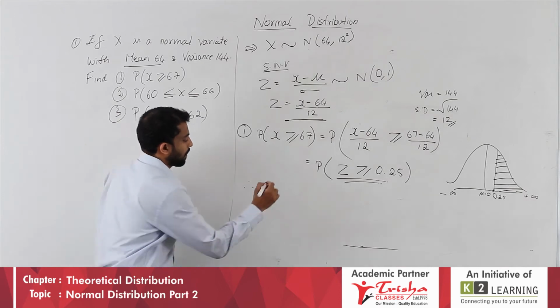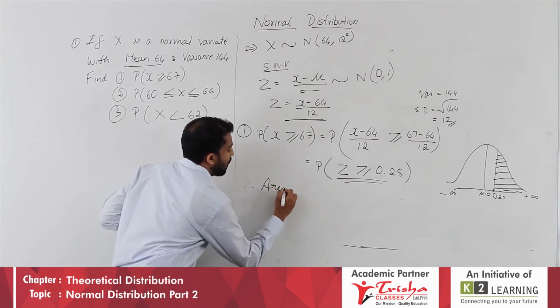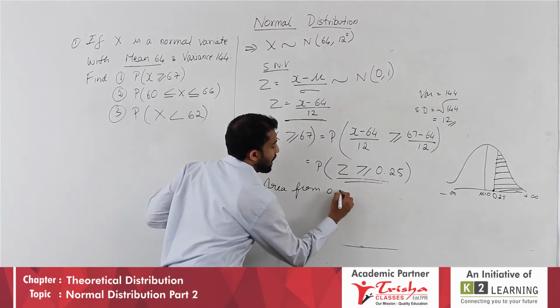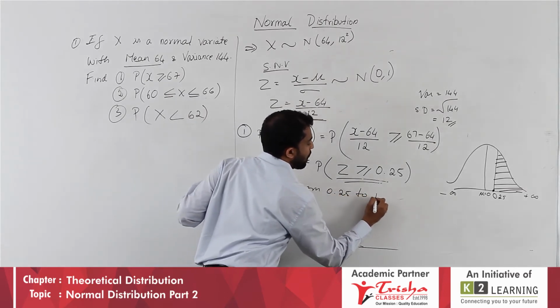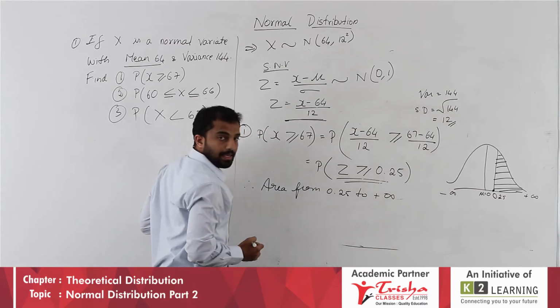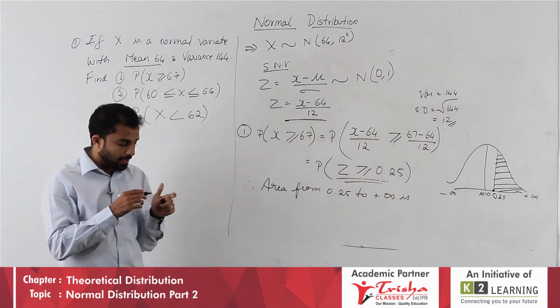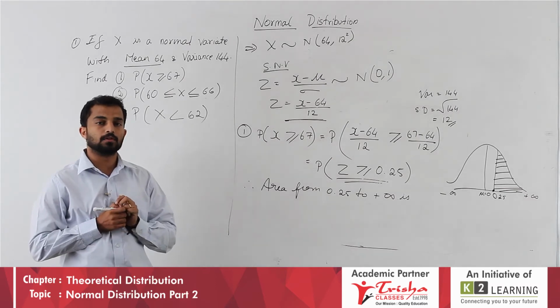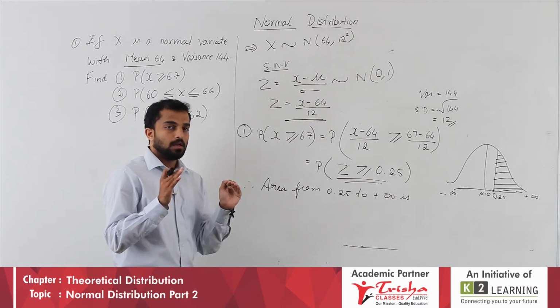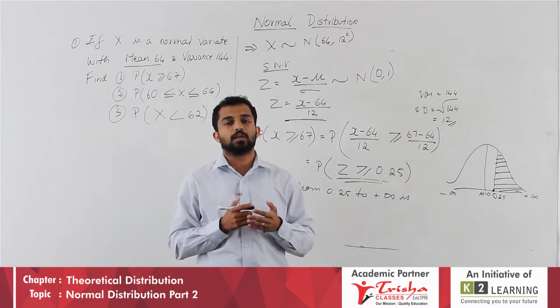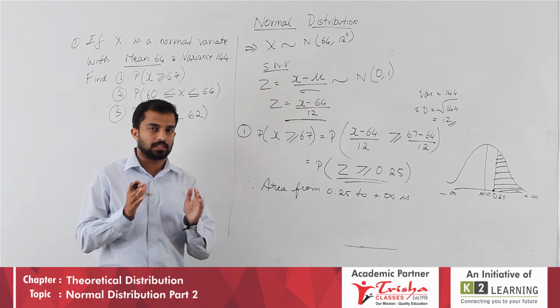Therefore, area from 0.25 to plus infinity is, what we need to do is, students, we need to look into the area under normal distribution graph tables, which is there in your statistical tables book or in your stats textbooks.